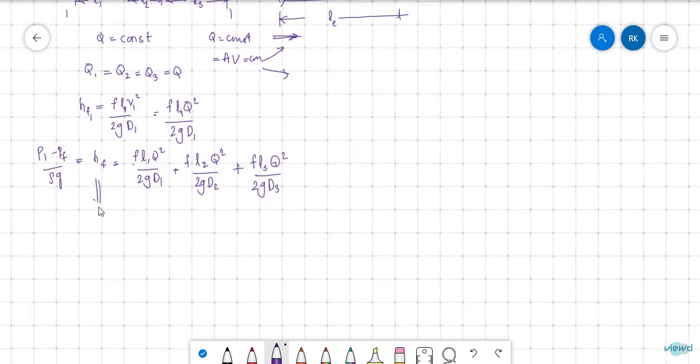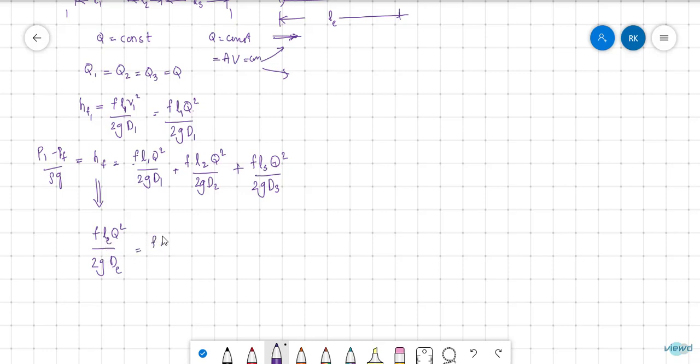Simple. In the place of HF, put the formula FLQ square divided by 2GD. We are considering only a single pipe which gives us the same head loss. That will be F L equivalent Q square divided by 2G D equivalent. So this is the equivalent length and this is the equivalent diameter.